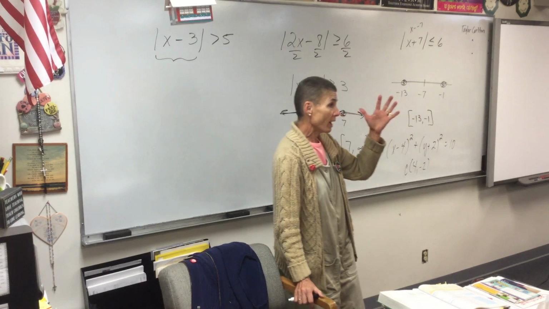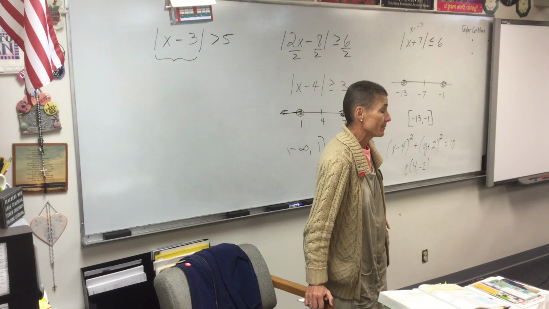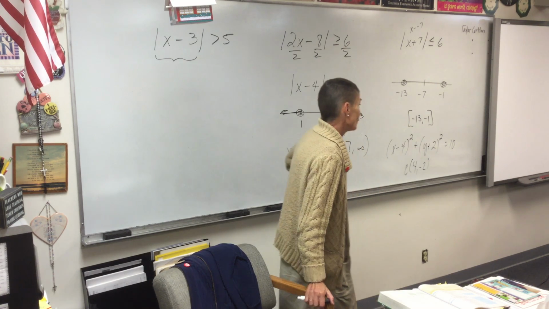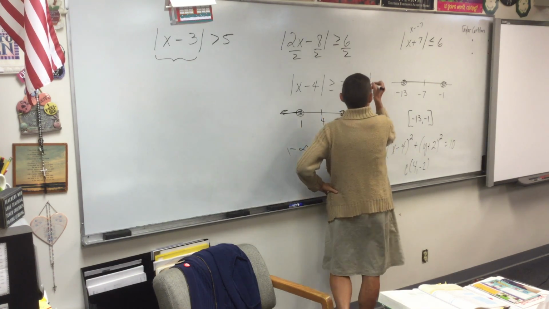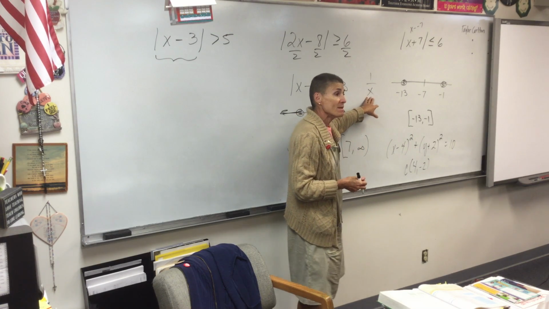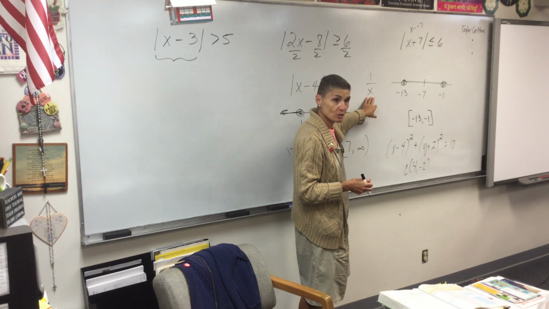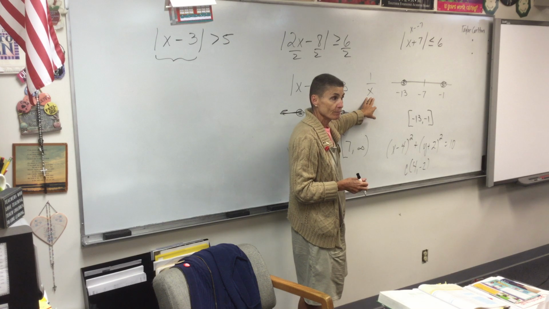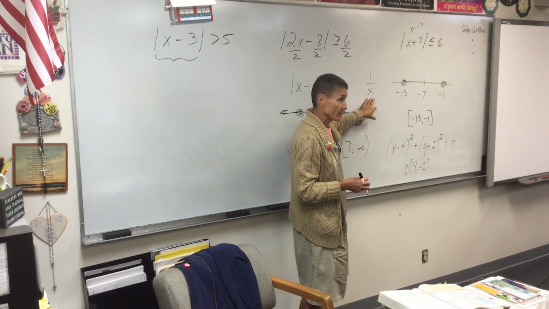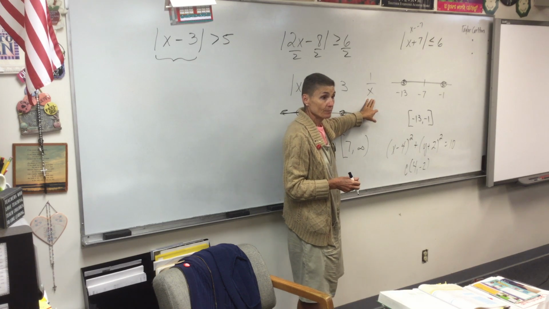No, because why? 1 over X. You can't have a 1 over X, because in the expression 1 over X, kids, you're immediately saying, well, x could never be 0 in this equation. Because why? Can't have zeros in the denominator.